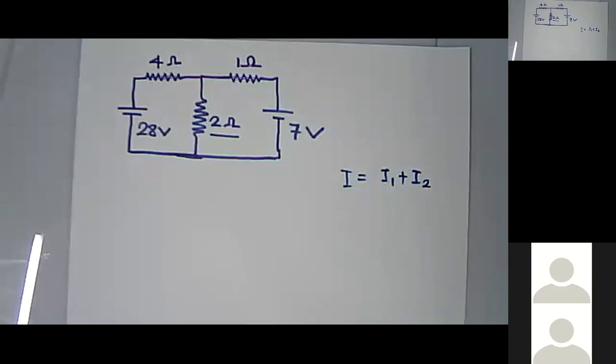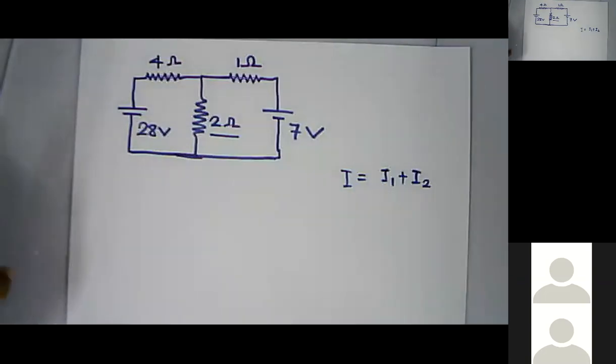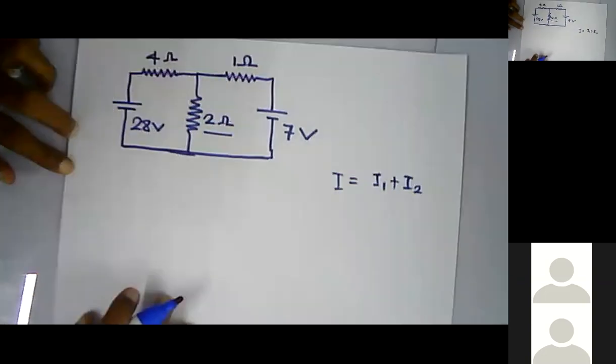Most of you have missed this step in the in-course exams. I think more than half of you have done it correctly, but I just want to make it clear. Now I'll explain in detail.